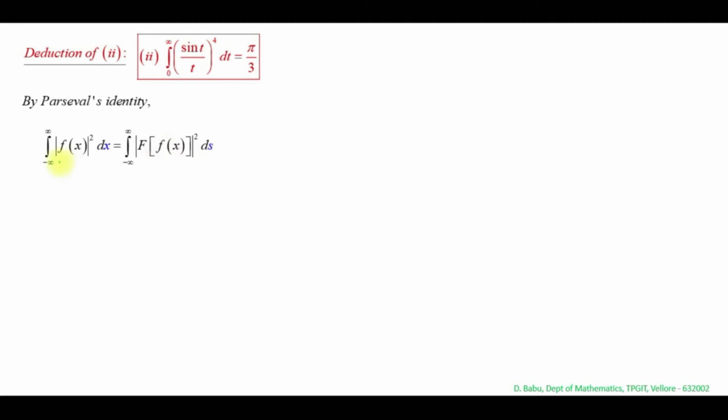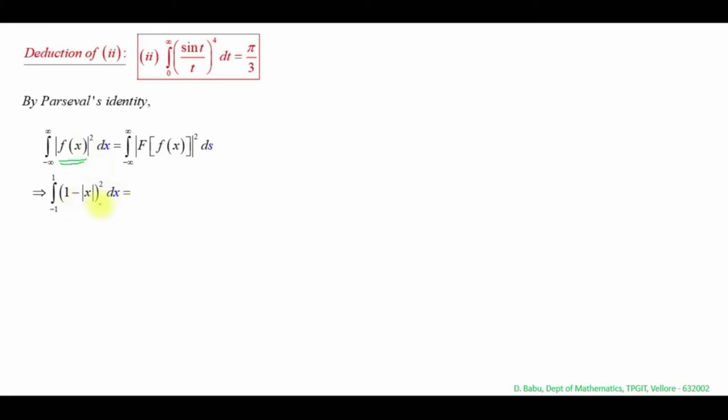Now substitute this f of x. So we know f of x equal to what? 1 minus mod x, which is given in the problem. Also 1 minus mod x is defined in the limits minus 1 to plus 1. Therefore we change minus infinity to plus infinity as minus 1 to plus 1. So integral of 1 minus mod x the whole square into dx.